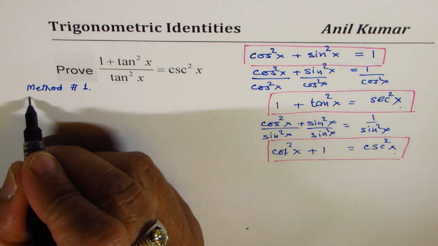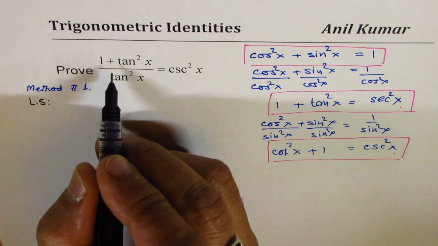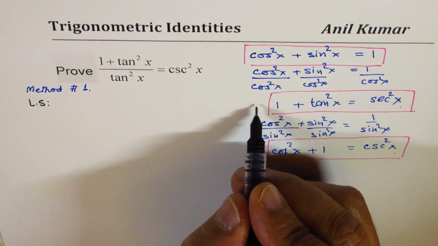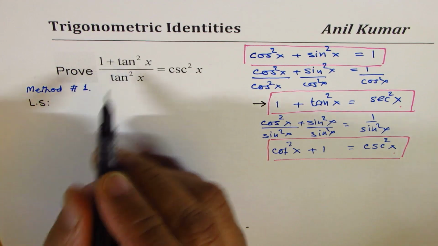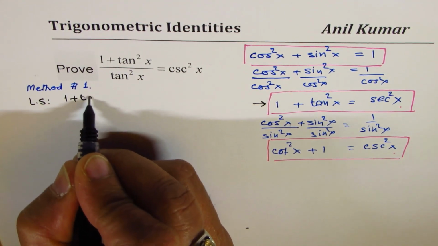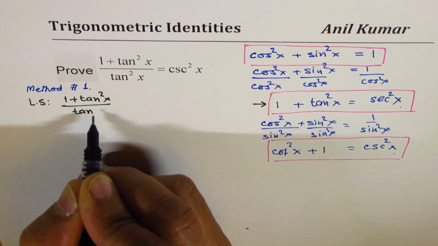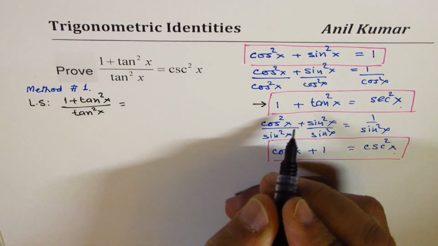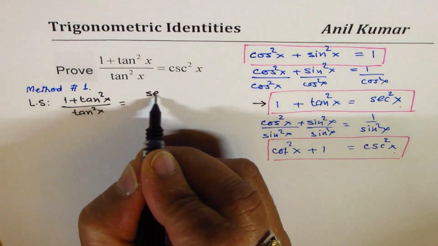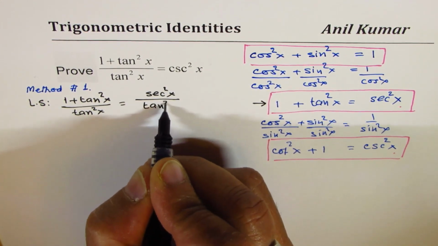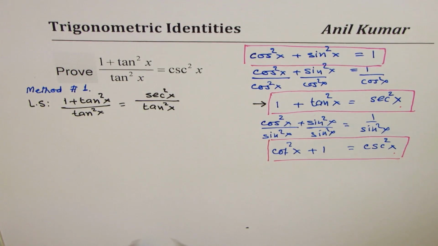We'll start from the left side and say 1 plus tan square x is secant square x. We are using this. So I could write (1 plus tan square x) over tan square x as equal to secant square x over tan square x, correct?